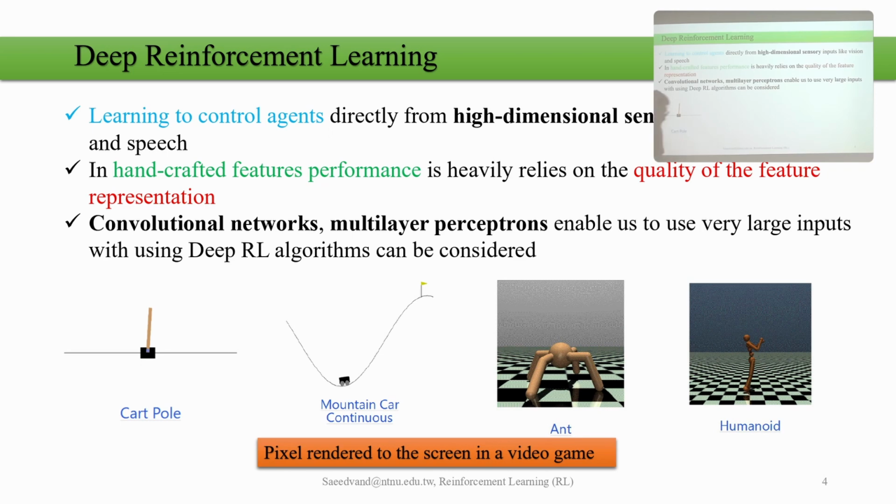So we have a couple of examples in OpenAI Gym and many other applications. For example, one is CartPole, and this problem can be solved with Q-learning that we already studied, and can also be solved with deep reinforcement learning techniques.